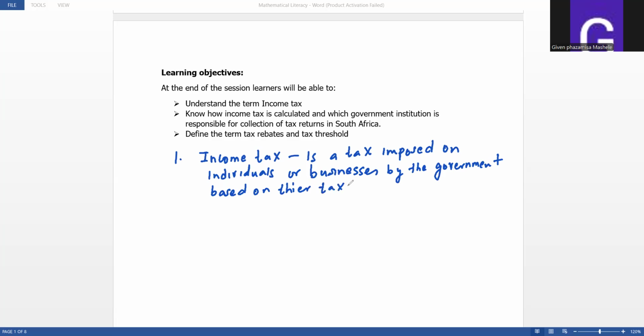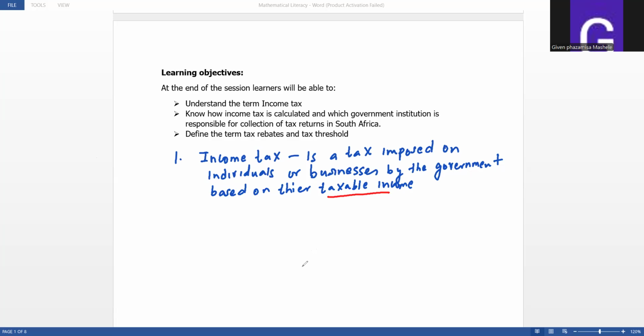I apologize. So this is called an income tax. So an income tax is the tax that is imposed on individuals or businesses by the government based on their taxable income.